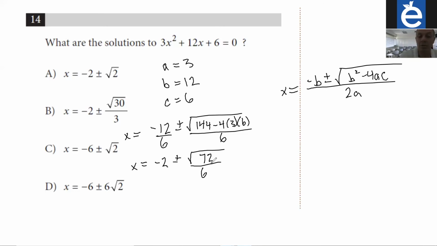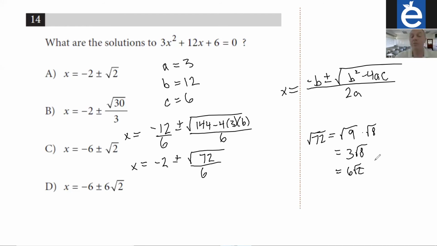All right, we have to simplify our radical. Radical 72 is radical 9 times radical 8, which is 3 rad 8. Radical 8 can be reduced: there's a radical 4 in there, which comes out as a 2, so that's 6 radical 2. We could also have a discussion there about how to simplify radicals.